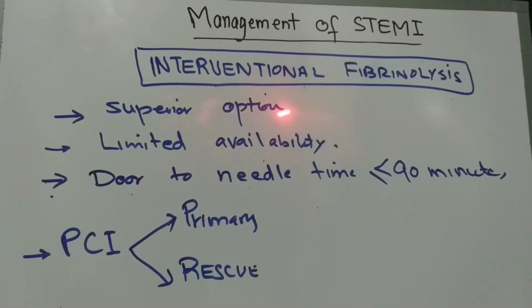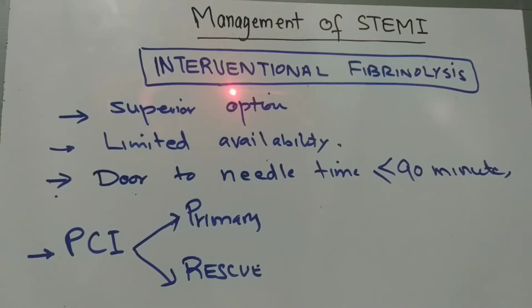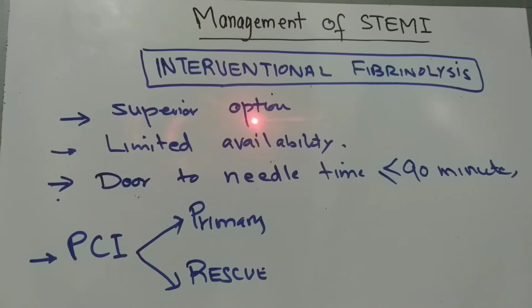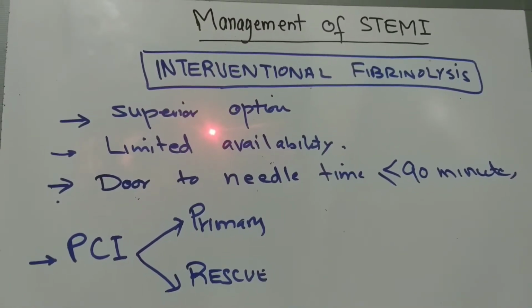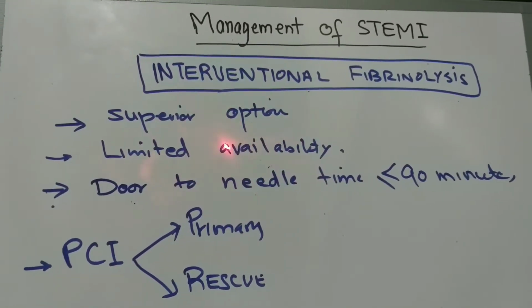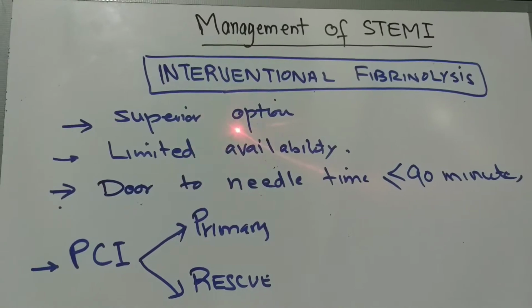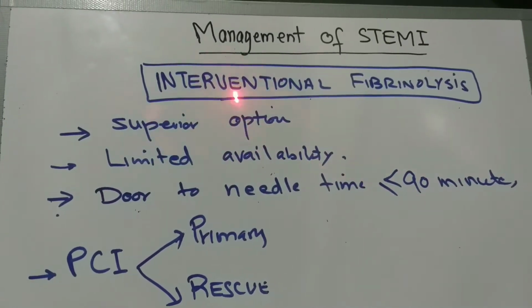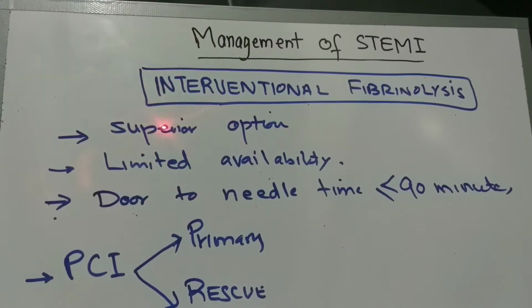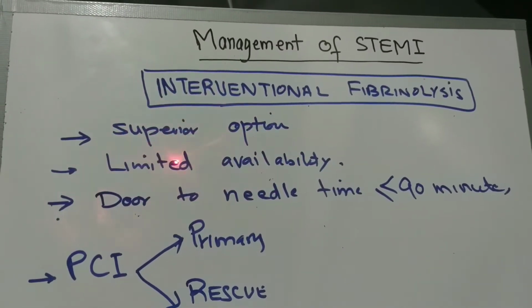The second option in the management of the ST elevation MI is the interventional fibrinolysis. It's a superior option because the person who's actually carrying out this procedure knows that the coronary artery has been actually cleared of the thrombus, and so there has been recanalization of the coronary arteries and circulation has been restored. It has got a limited availability.